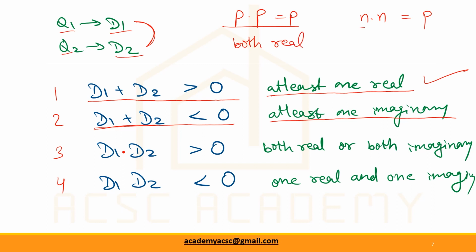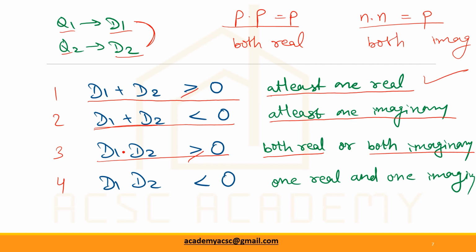But if it is this case, then both the quadratics will have imaginary roots. So here, either both can have real roots or both can have imaginary roots. That is what we can conclude from this. And even the greater than or equal to 0 case can be accommodated within that.